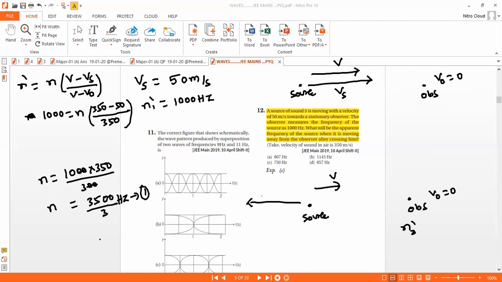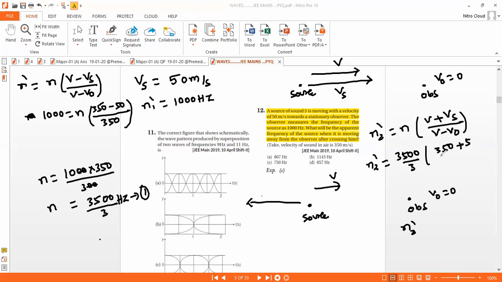Now whenever it is moving away, n2 dash equal to n into v plus vs by v minus v naught. So n2 dash equal to n, 3500 by 3 times 350 plus 50 by 350.